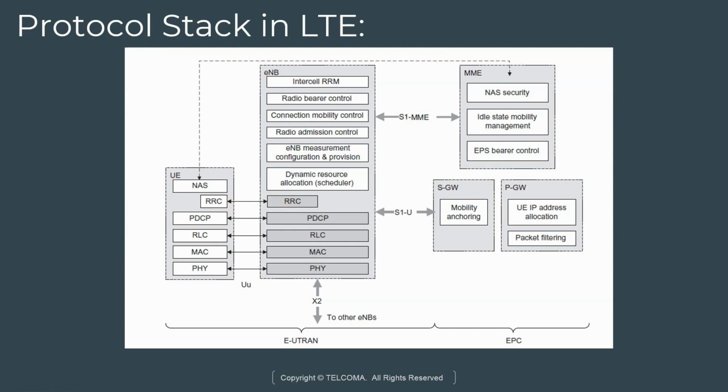In the eNodeB, some of these higher level functions are higher up in the protocol stack, like intercell radio resource management, radio bearer control, connection mobility control, admission control, eNodeB measurement configuration and provisioning, and some resource allocation scheduler.